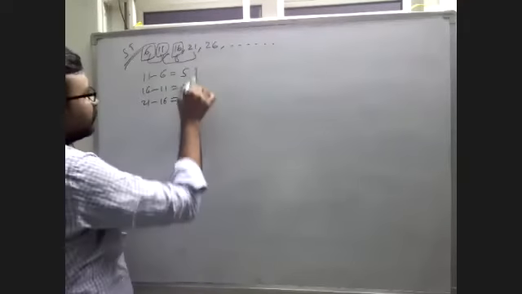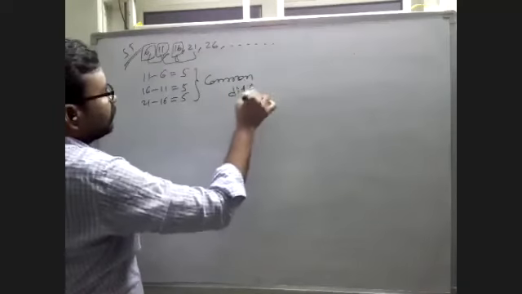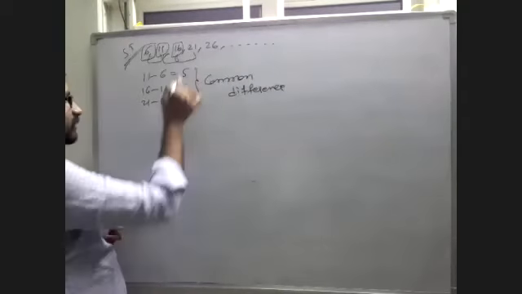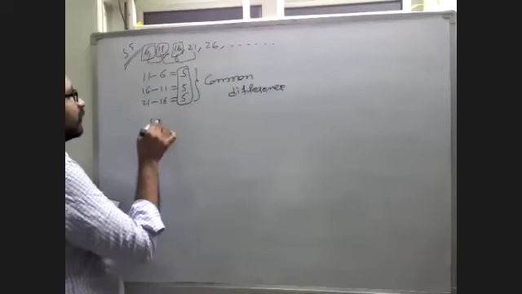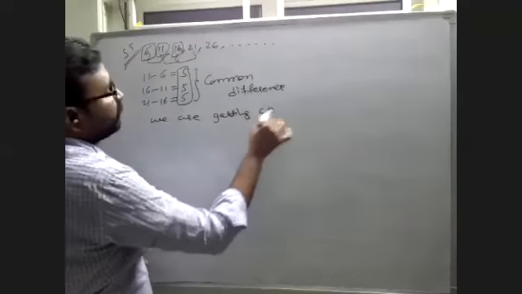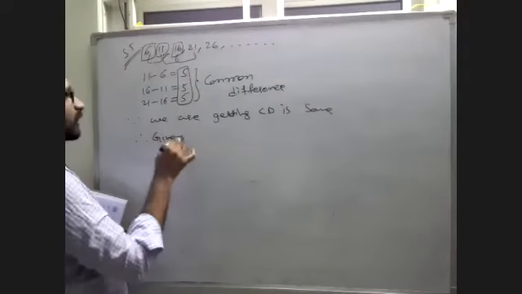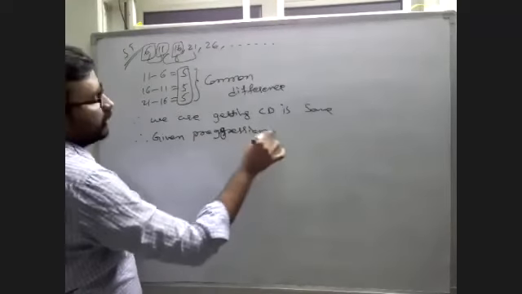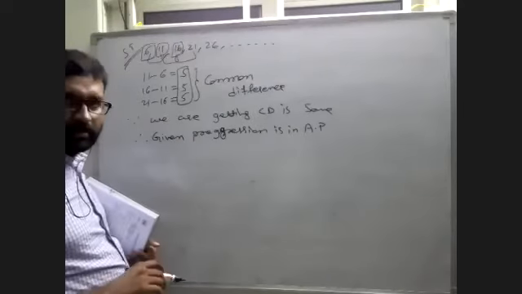What we are finding is the common difference. If you find it like this, you are getting the same value. Since the common difference is the same, the given progression is in AP.